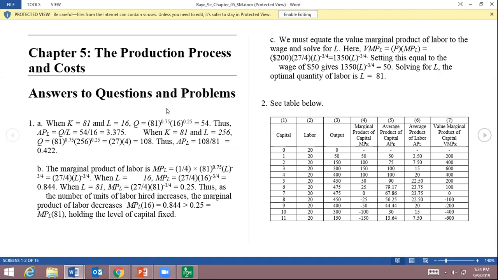So now we are asked, how many units of labor should they hire to maximize profits?